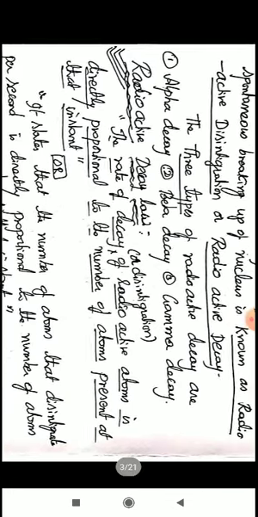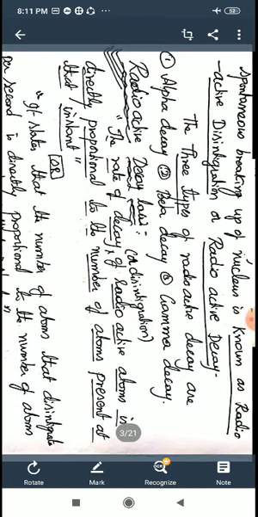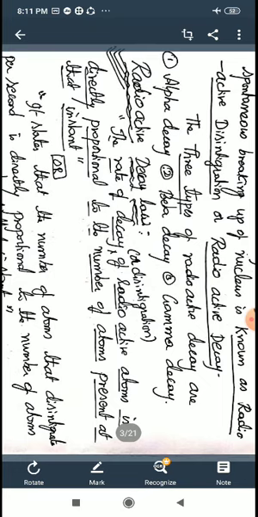Now let us see a very important topic, radioactive decay law. The rate of decay or the rate of disintegration of radioactive atoms is directly proportional to the number of atoms present at that instant.